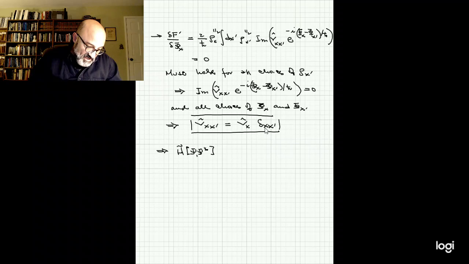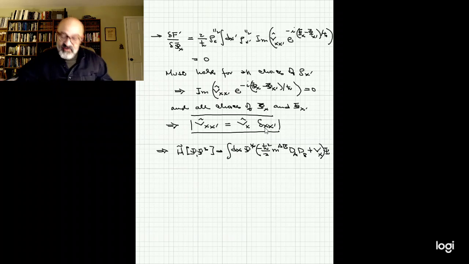these two guys, is going to be this integral that includes, here I'm doing an integration by parts, m a b dA dB plus a potential, all acting on psi.